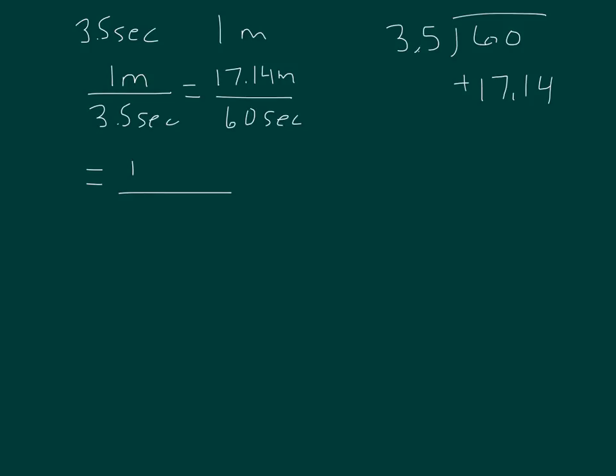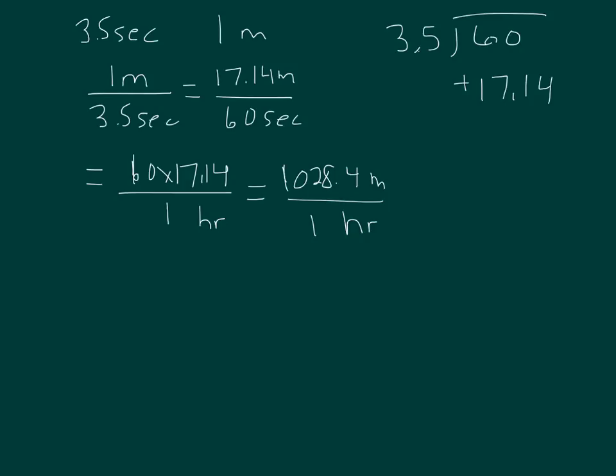And so if we want to change what we've got here into hours, then everything's going to have to be 60 of those. So for 1 hour, we're going to need 60 times as many falls. And so that's going to come out to 1,028.4 meters every hour for 1 hour.